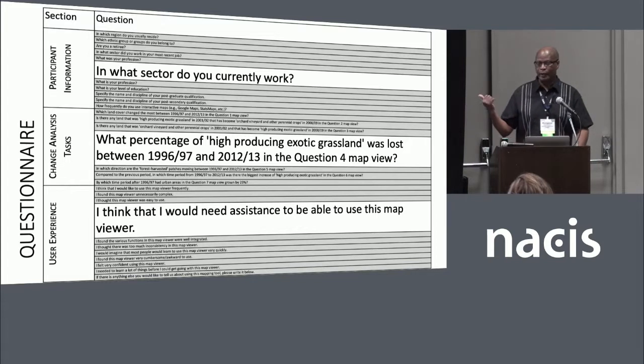And then the last part was just eliciting data on their experience. So it was a standard SUS questionnaire, and at the very end of it, we stuck one question, which was asking them to give us their open feedback.